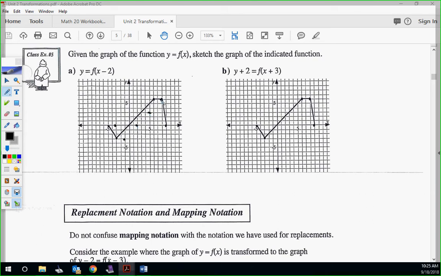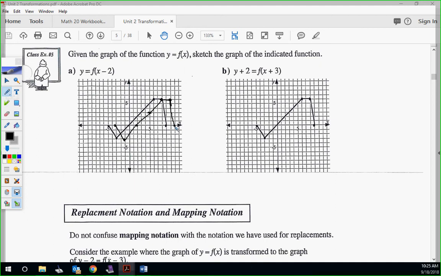So that's there, there, there, and then just redraw it. Forget that little tail there. There you go. So there's the movement.